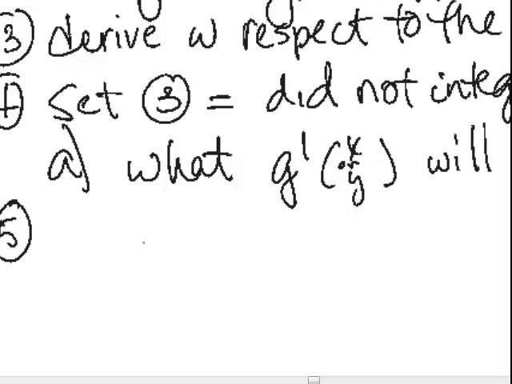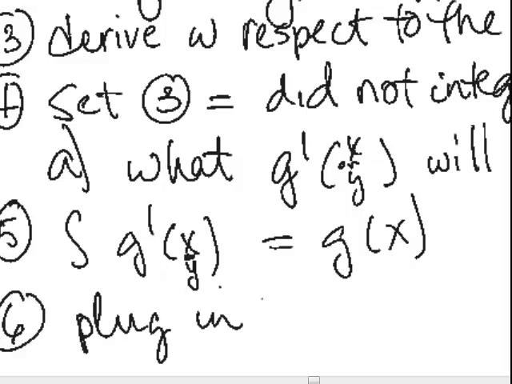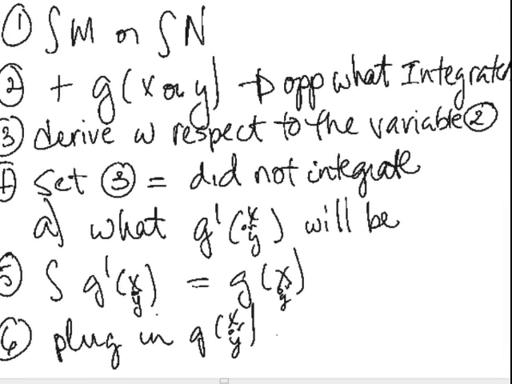Then after that, you integrate g prime of x or y, depending on which one it is, and then find out what your g of x is. And the final step is to plug in g of x or y, depending on which one it is, into the answer that you got for step 3.